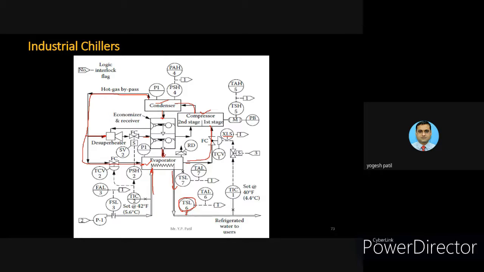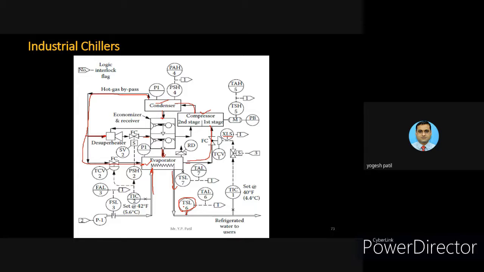It measures the temperature of the refrigerant that passes through the building, whether it is at the maintained level or whether freezing happens over there. So that is continuously measured by this TSL. TSL is the refrigerant water temperature measurement.